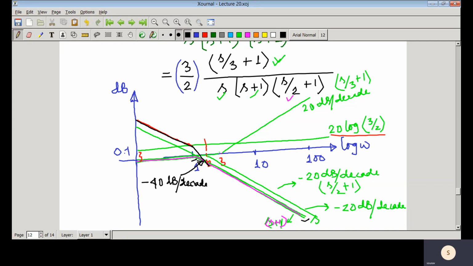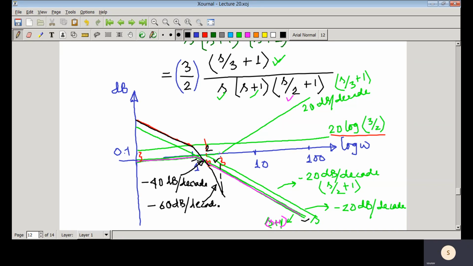And then we can see that from this particular point, this is the 2 point, 2 and 3, there is another slope. So that means from 2 and 3, this slope is equal to -60 dB per decade.